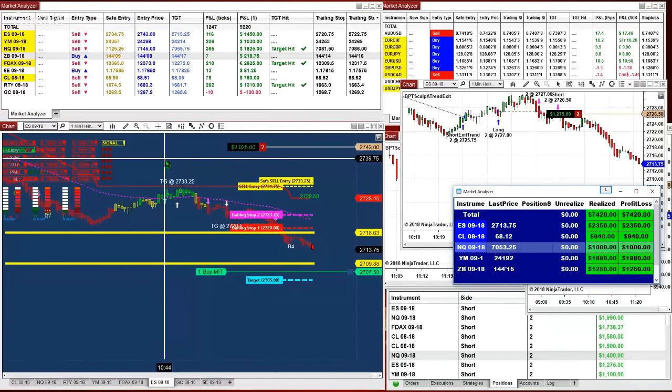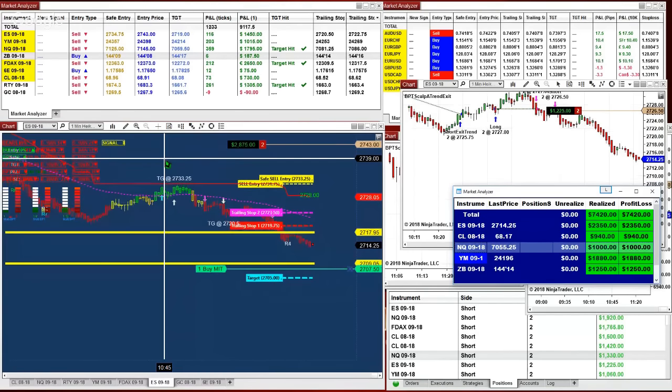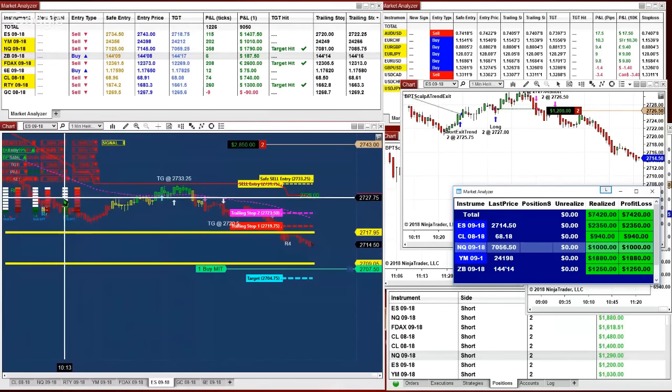This is the oldest trick in the book, and it is not the actual bid and the ask that drives this market alone. There is a lot more than that, and so I don't want to get confused between this area here.